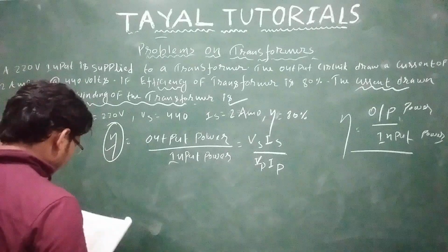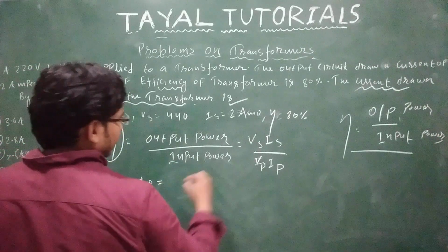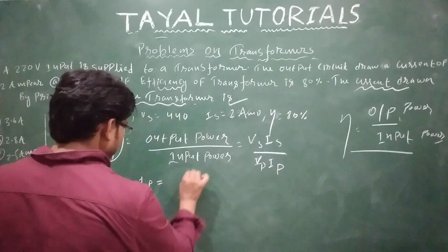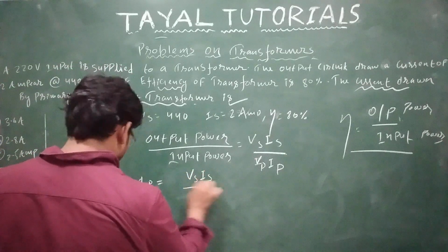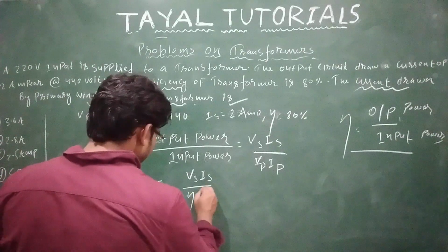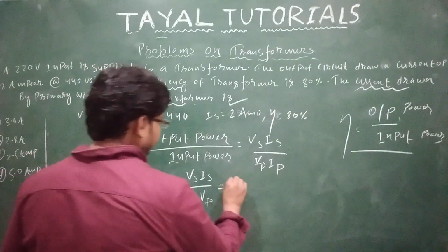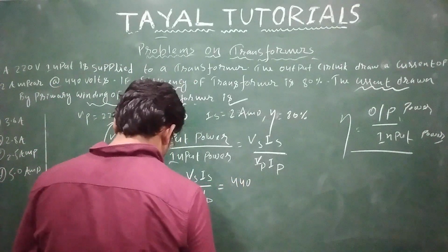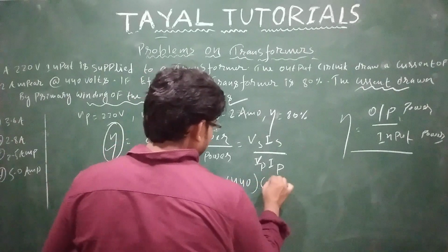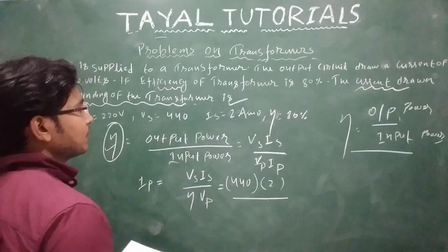You can simply calculate Ip. When you bring Ip over here, you will get Vs into Is divided by efficiency into Vp. Vs they have given 440 and Is they have given 2 ampere.